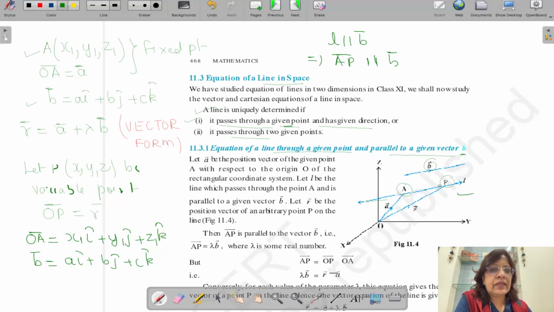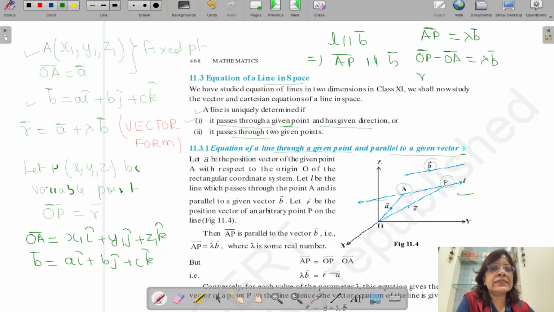We have done in vectors, if two vectors are parallel, then one can be expressed as a scalar multiple of the other. This is the condition for vectors to be parallel. Now AP can be written as OP minus OA, which is equal to lambda times B.